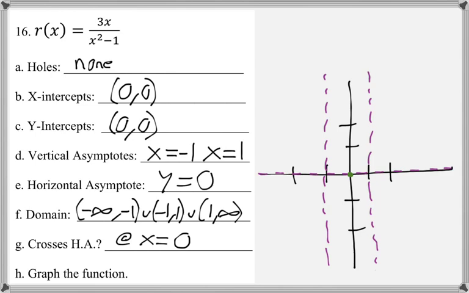Okay, and then let's graph this. So parentheses 3x divided by parentheses x squared minus 1. And you can kind of see the picture. So with the asymptotes, it's approaching them. It won't reach them except for right here where it crosses it.